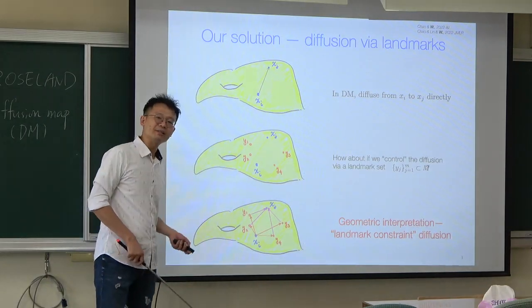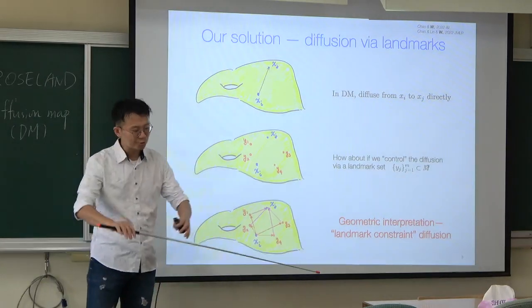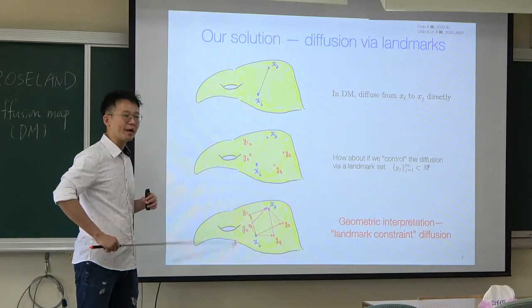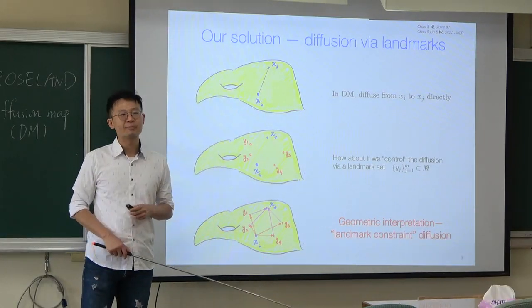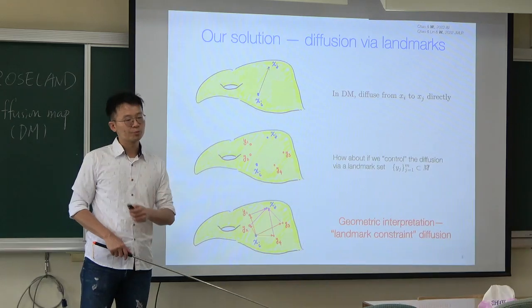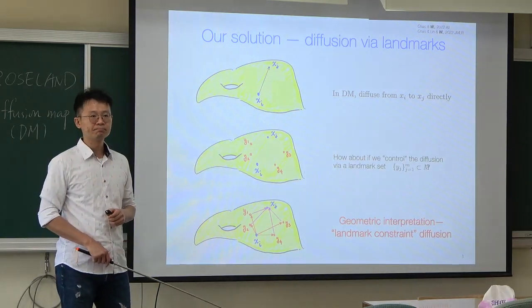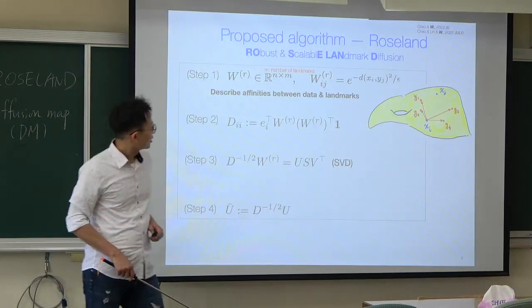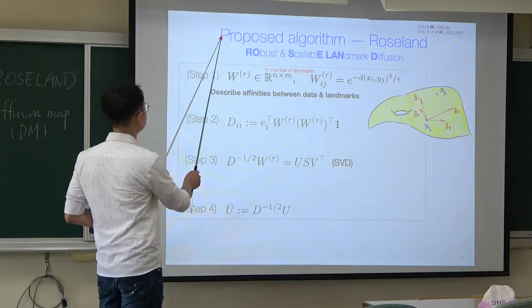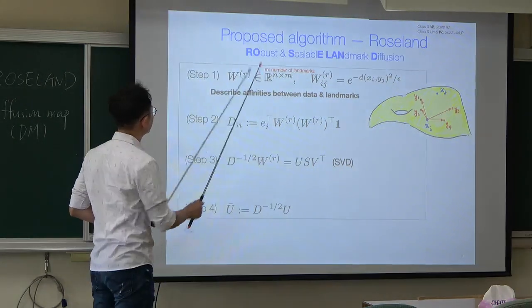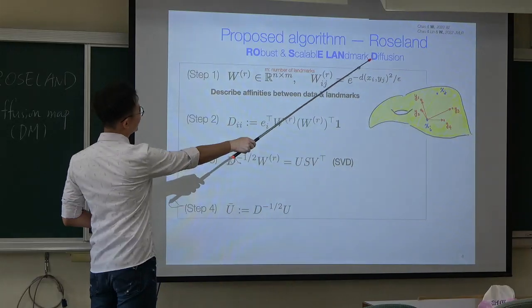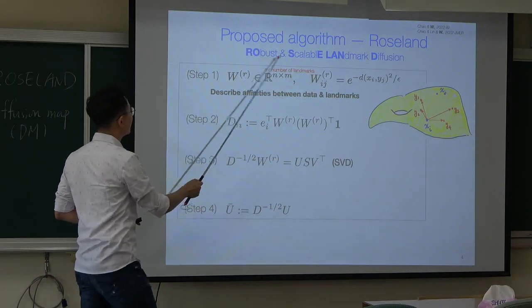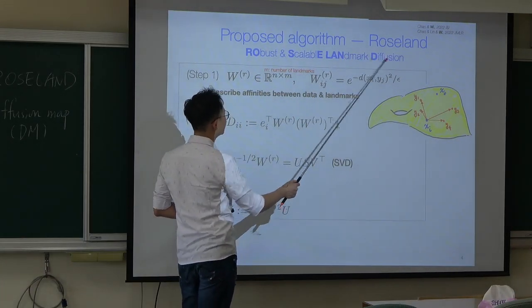And we claim that by controlling the diffusion in this way, we can speed up the computation and get what we want to get. Okay, so this is actually an algorithm called Roseland, which stands for robust and scalable landmark diffusion.